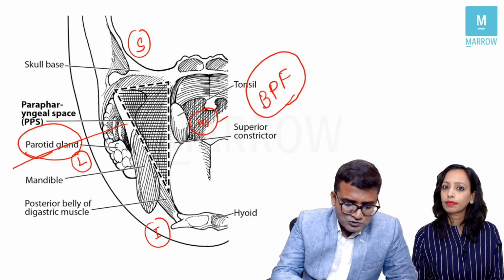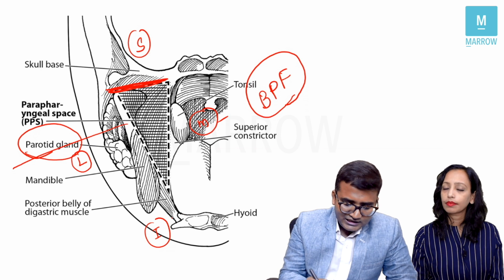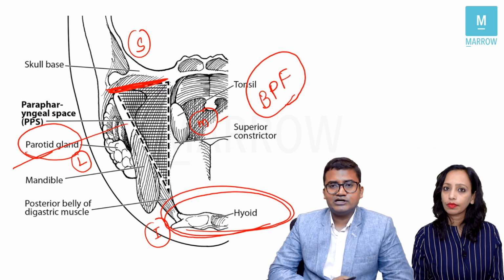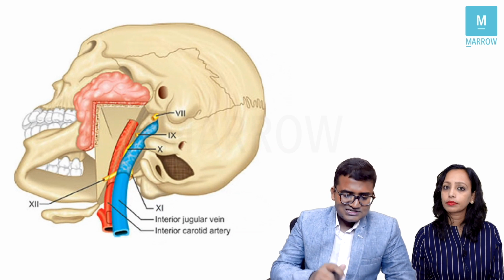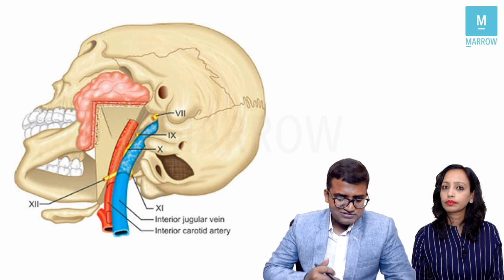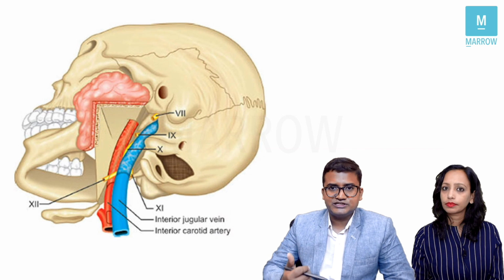Now, what is the superior and inferior boundary? See here, this is the superior boundary. The superior boundary is the base of skull, and the inferior boundary is the hyoid bone. So please remember, the parapharyngeal space ends at the level of the hyoid bone. Okay? Now see the other diagram. This is the diagram showing the contents of the parapharyngeal space. By means of the styloid process, we divide the space into the pre-styloid part and the post-styloid part, or simply anterior and posterior part.